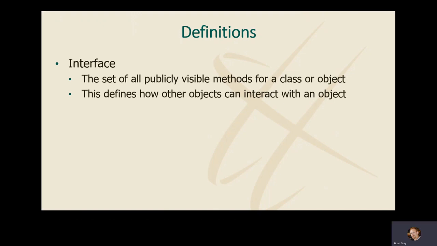When I give you a lab, I will frequently give you the interface for an object and the behavior that it is supposed to accomplish. How you accomplish that is up to you. Now, there are going to be some best practices, and there will be some pretty standard results. But when it comes right down to it, assuming that you are following a good design, how you accomplish it is really up to you.